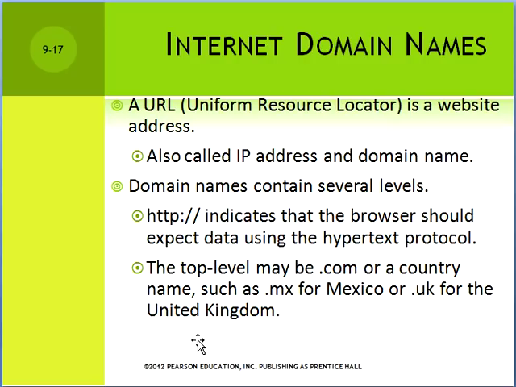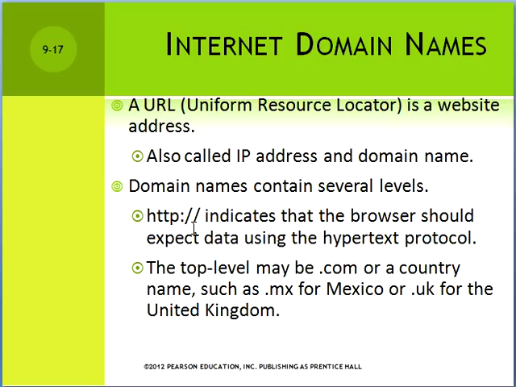You must have heard about the internet domain names, as I mentioned to you about books.com, for example, or book.com. If you want to book this name or your own name, you have to go to what is called the URL, and this gives you a website address. It's very simple nowadays, and it's inexpensive to book your name if it is available. Domain names contain several levels.